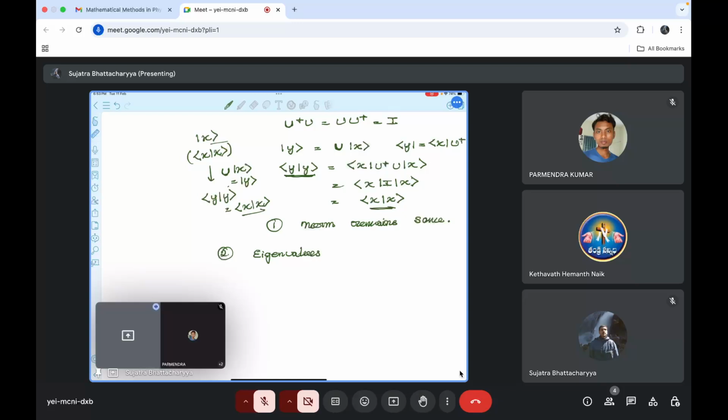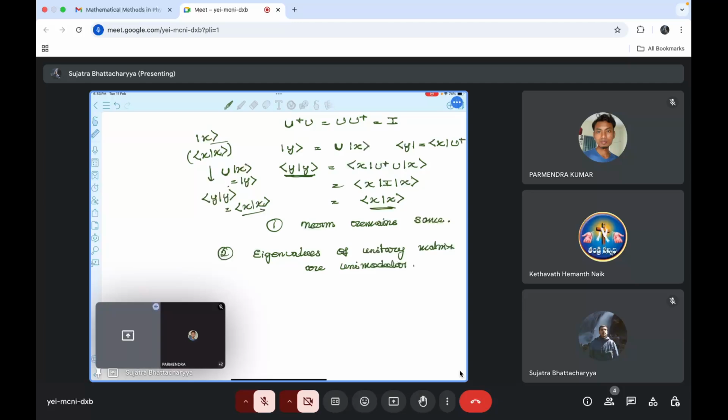The eigenvalues of a unitary matrix or unitary operator, whatever you want to write, are unimodular, as we were talking about. Some magnitude equal to one, right? Unit magnitude. So unimodular comes here.